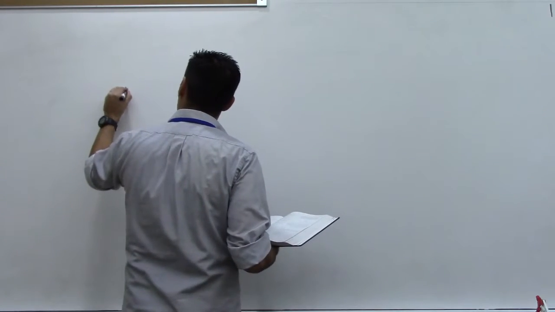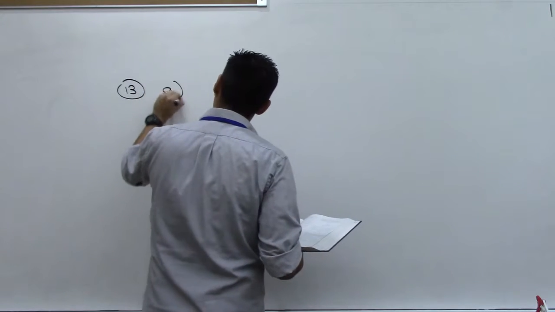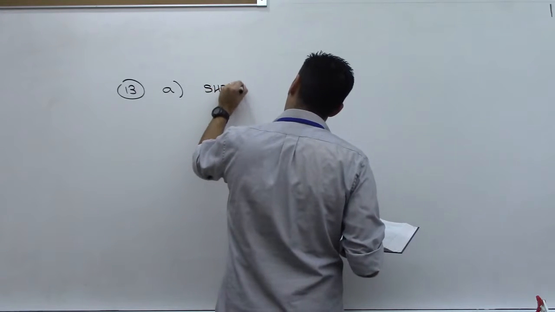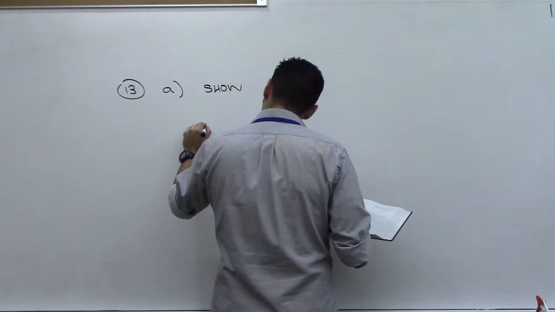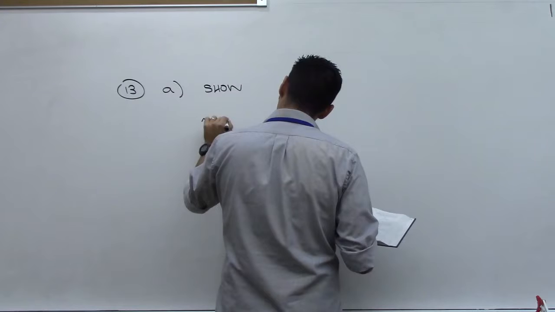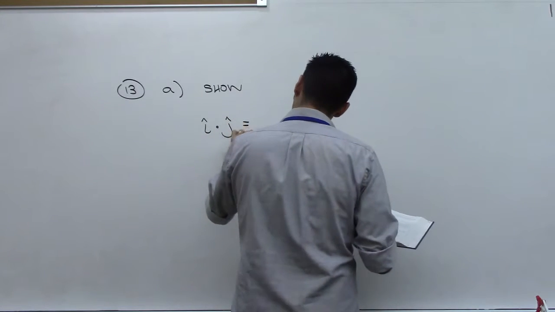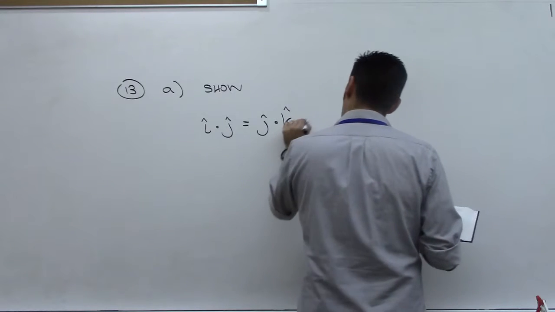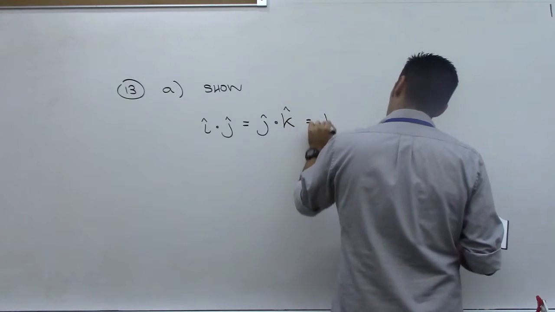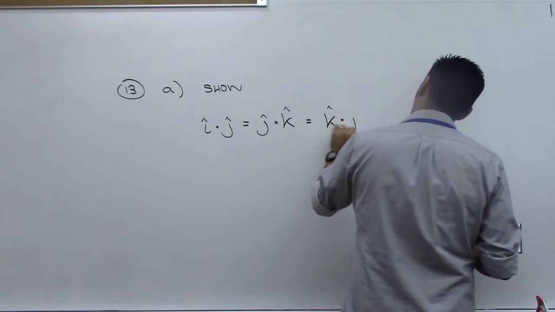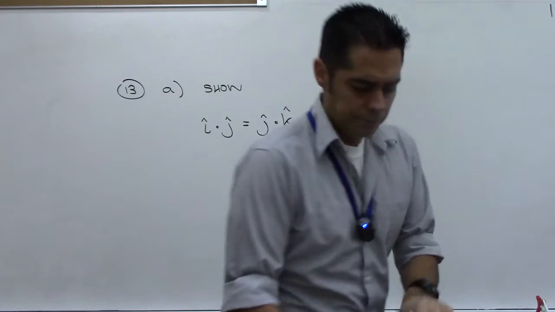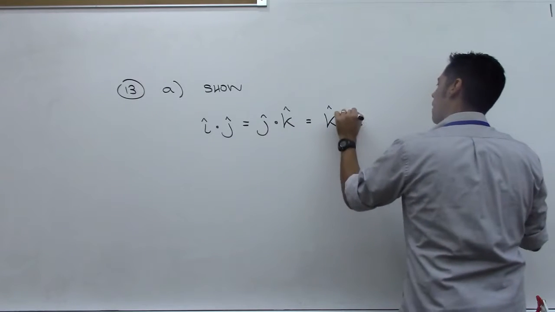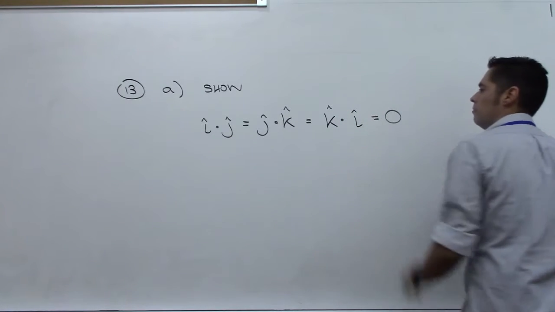So for 13, part A, show that i dot j equals j dot k equals k dot i equals 0.